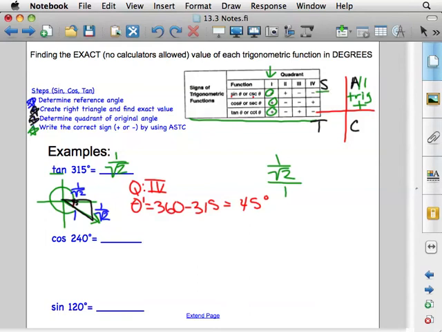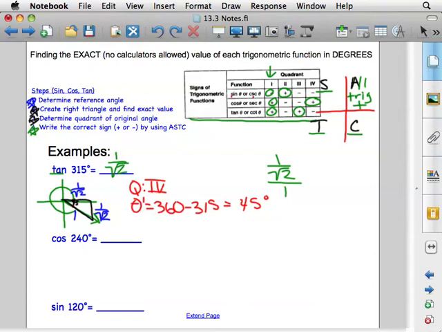Next, in the second quadrant, S is what's positive, so sine is the only one that's positive. In our third quadrant, T, our tangent, is what's positive. And in our fourth quadrant, C, our cosines, are what's positive. Again, all students take calculus, or add sugar to coffee.